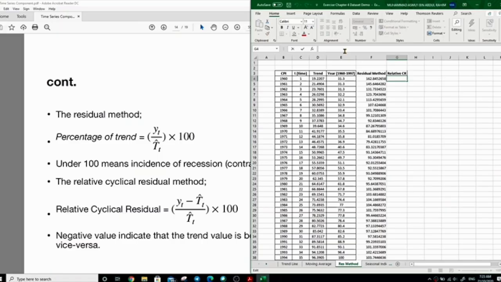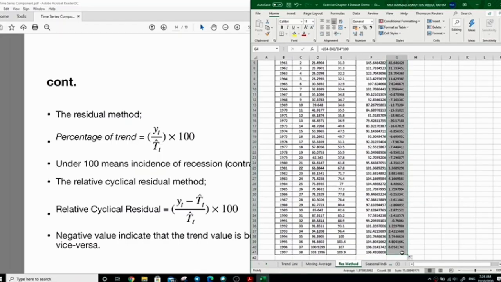So the formula is Yt, the actual value, minus the trend, over the trend component, times 100.